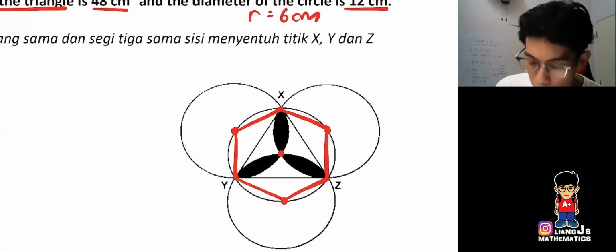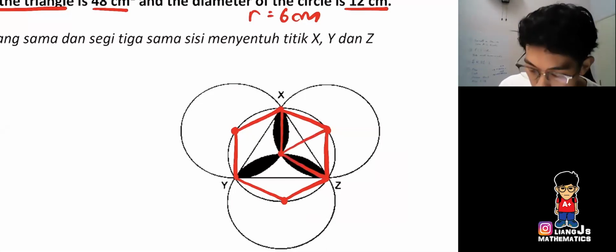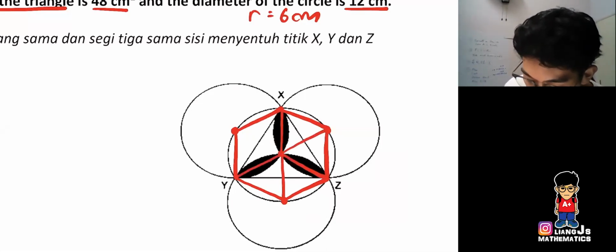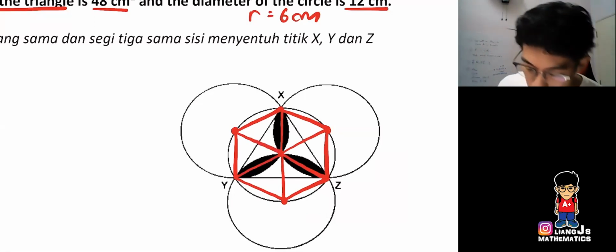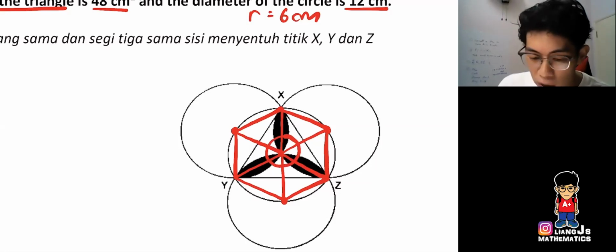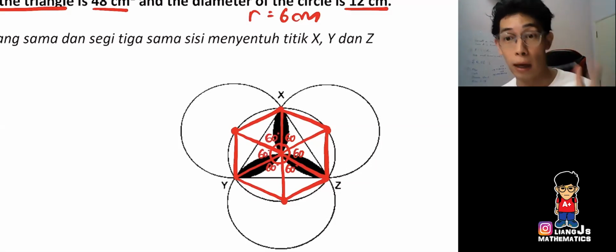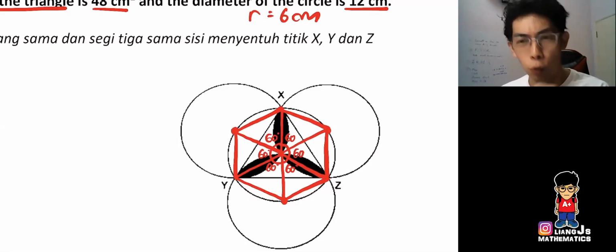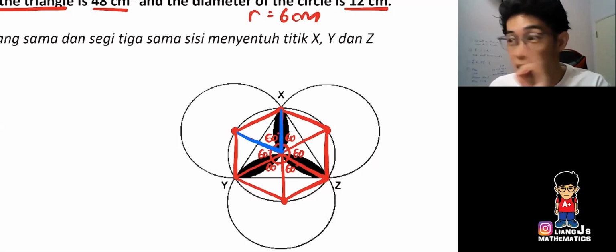So, if I draw from each point to the center, you know the inner angle is 360. Over here, you can separate into 60 degrees, 60 degrees, 60 again, 60 again, and 60 again, because of equal length, right? When you draw that, with the radius and radius being 6 cm, it forms an isosceles triangle.